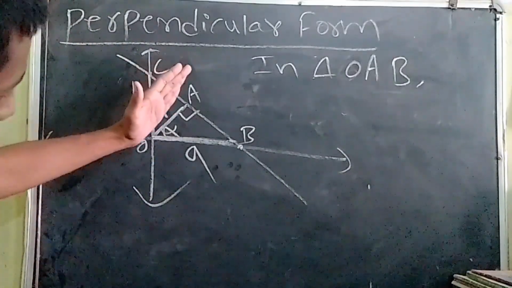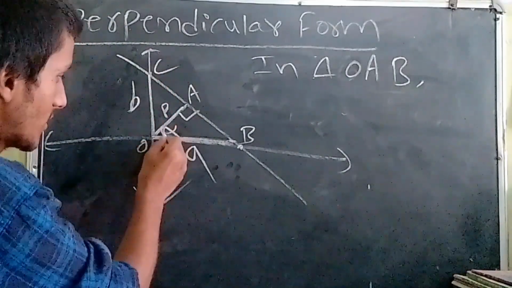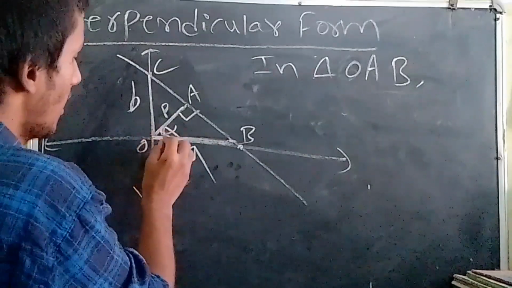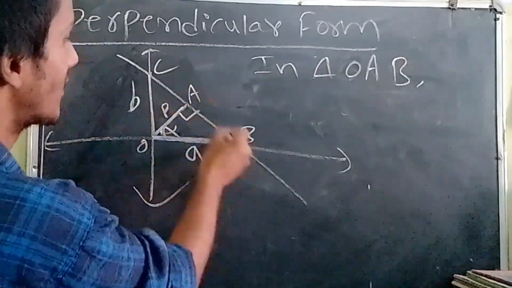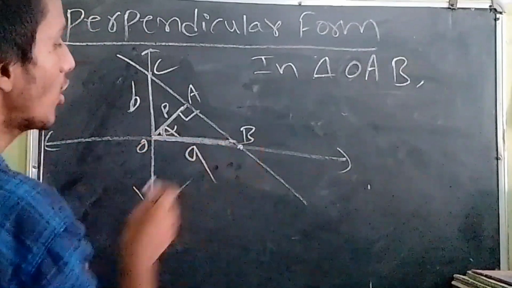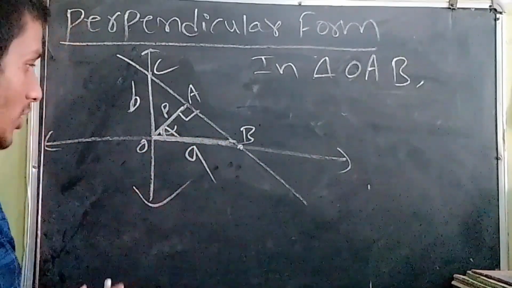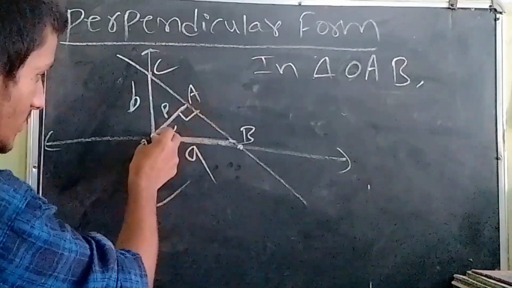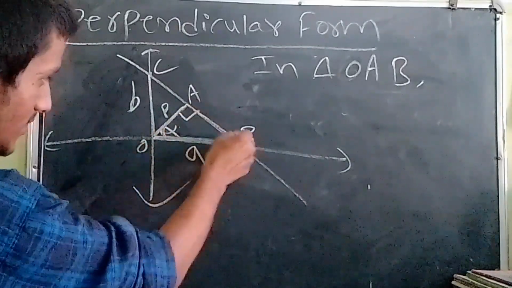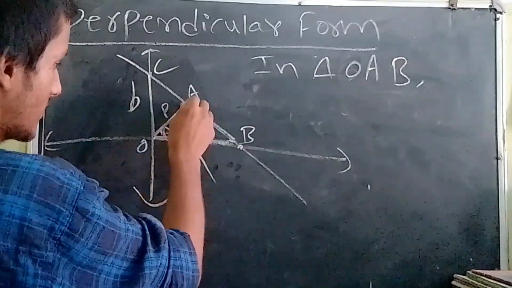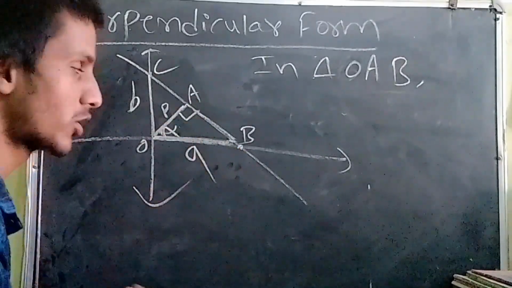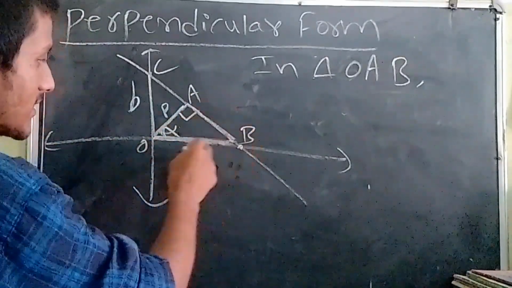This is the longest side of this right angle triangle, the hypotenuse. This is going to be the adjacent, and this is the opposite. So you need to first identify the sides. This is the adjacent, this is the longest one, the hypotenuse, and this is the opposite side.